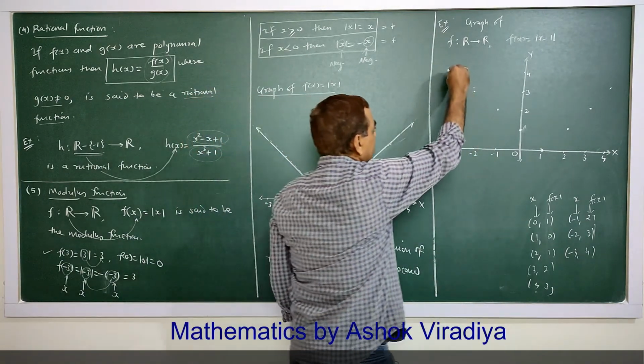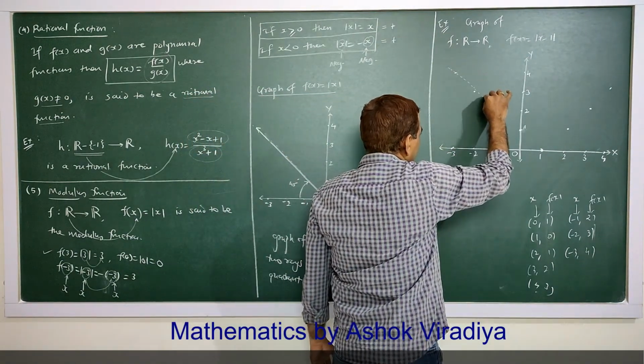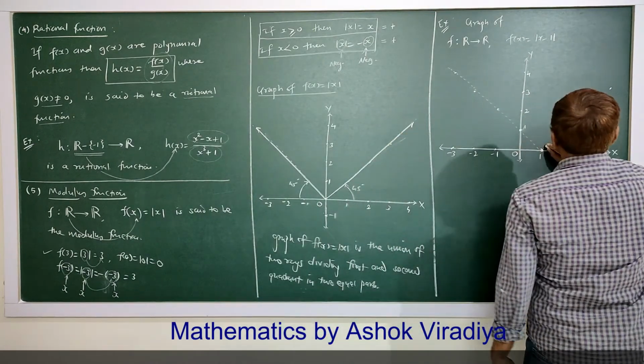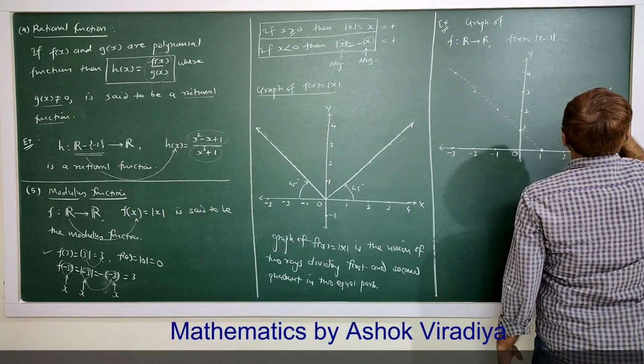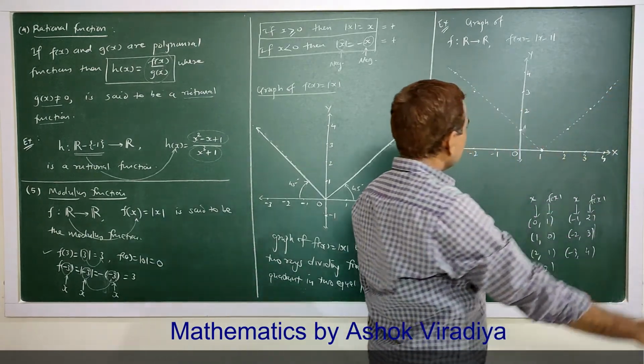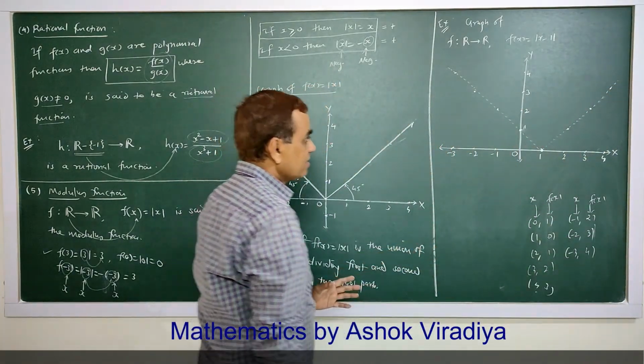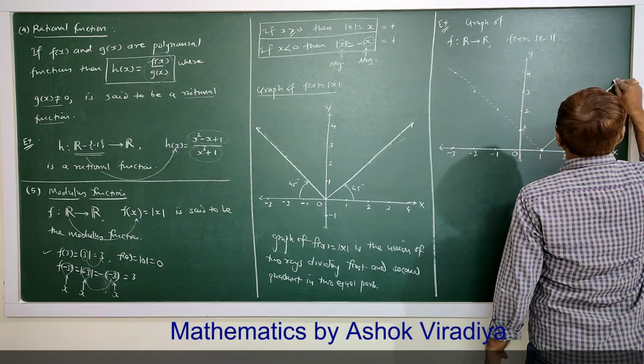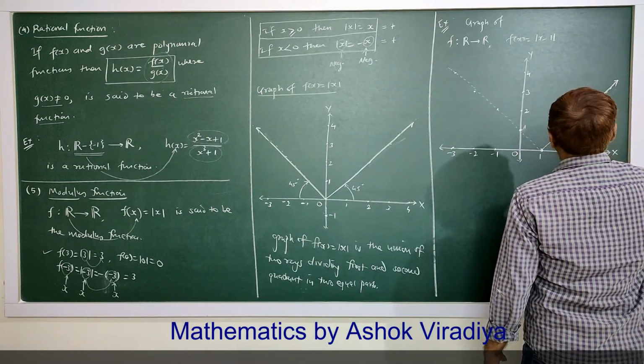So we are getting points on this ray. Joining these points, again we are getting the union of two rays.